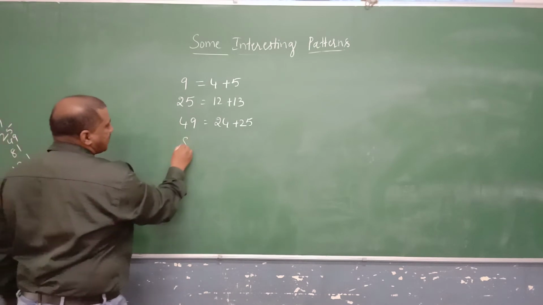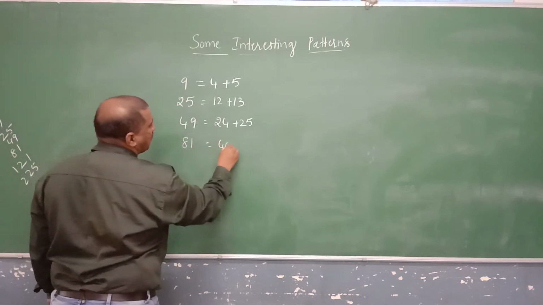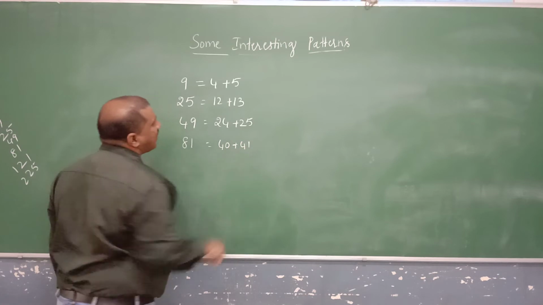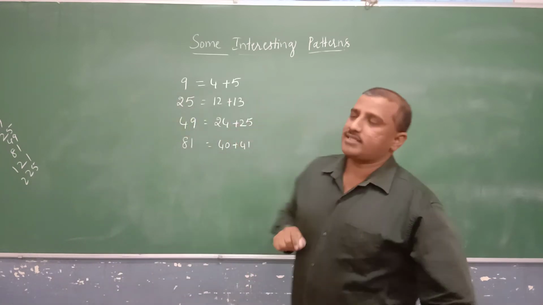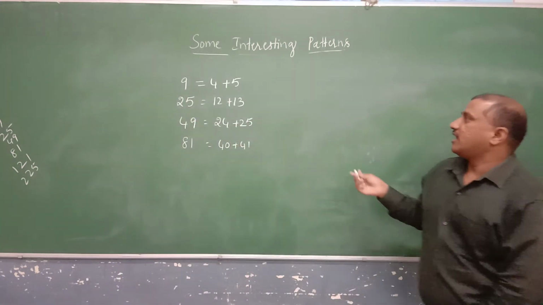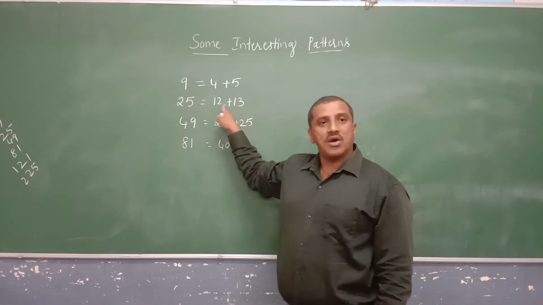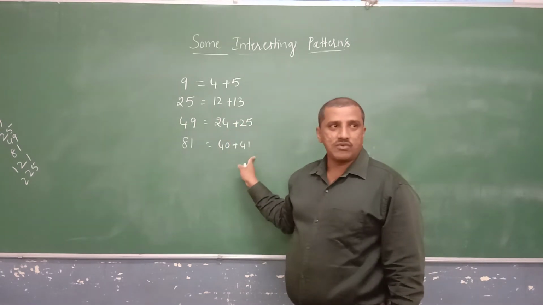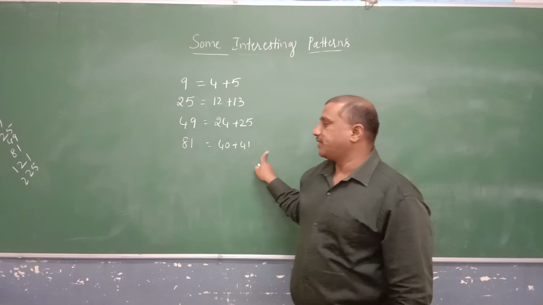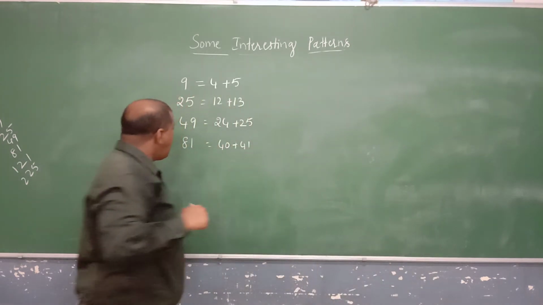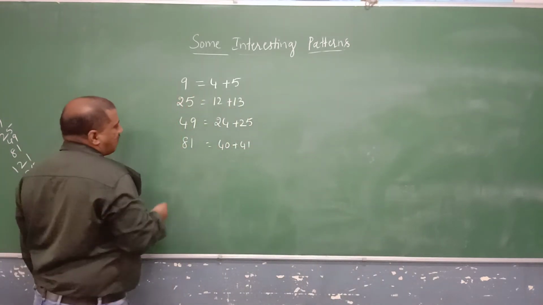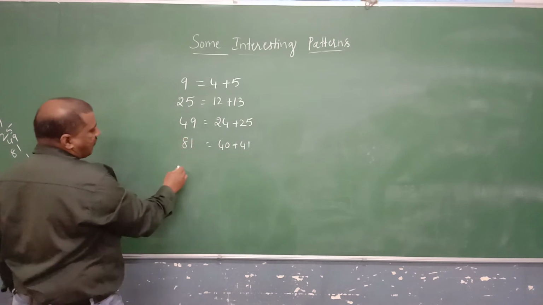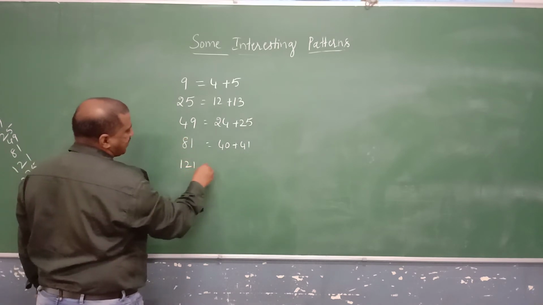And 81 can be written as 40 plus 41. Like this, perfect square numbers can be expressed as the sum of two consecutive natural numbers. Then, even if you go for one more example, if you want to write 121.